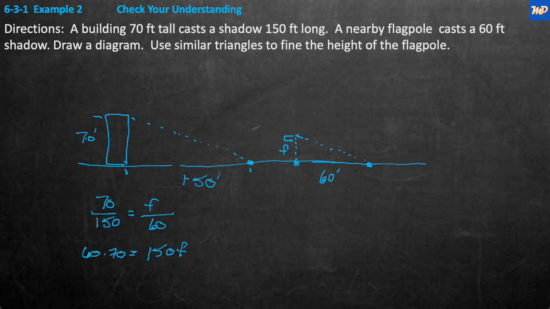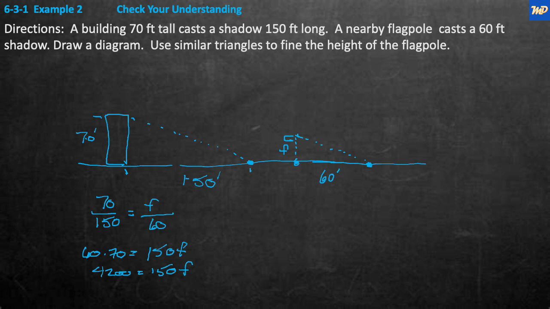So 60 times 70, if you multiply those together, we have 4,200 is equal to 150 times F. So I'm going to move over here. We're going to multiply both sides by the reciprocal of 150.